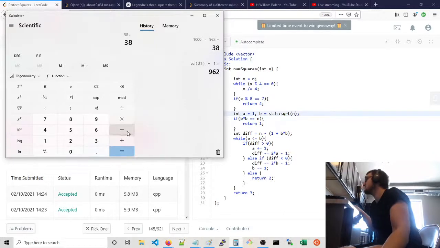So now we say, really 3 it should be, right? A is 1. Go to 2. 3. Subtract 3. Now we go to the next thing, which is 2 goes to 3.